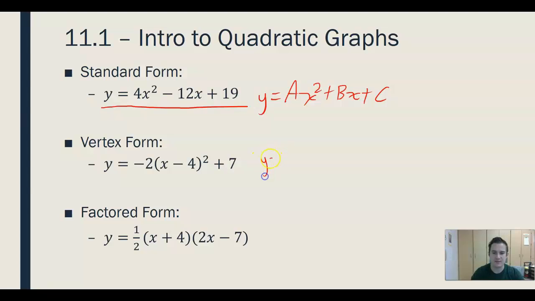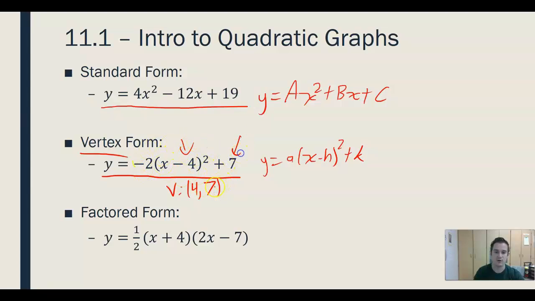So when I have something like this, x minus h squared plus k, the convenient thing about a quadratic equation in this form is I can really easily identify where the vertex of that parabola is, or the vertex of that quadratic function. In this case, the vertex would be at 4, 7. It's really easy to determine that from this form.